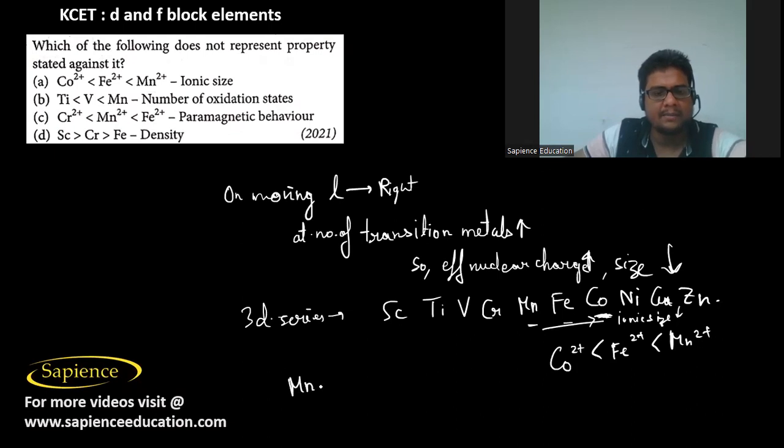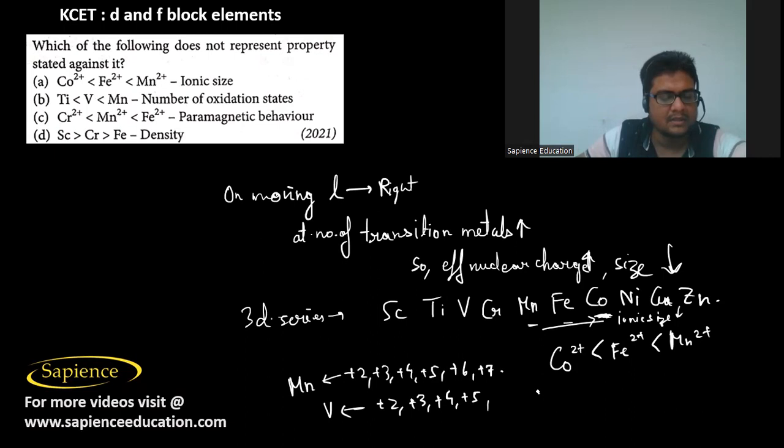As you know, Mn shows the maximum number of oxidation states, which are +2, +3, +4, +5, +6, and +7. And vanadium shows oxidation states +2, +3, +4, and +5.